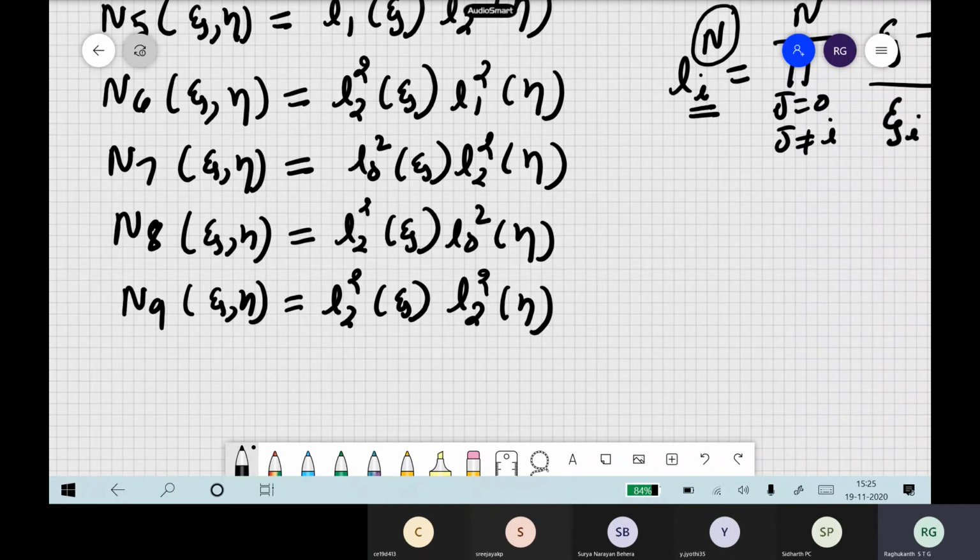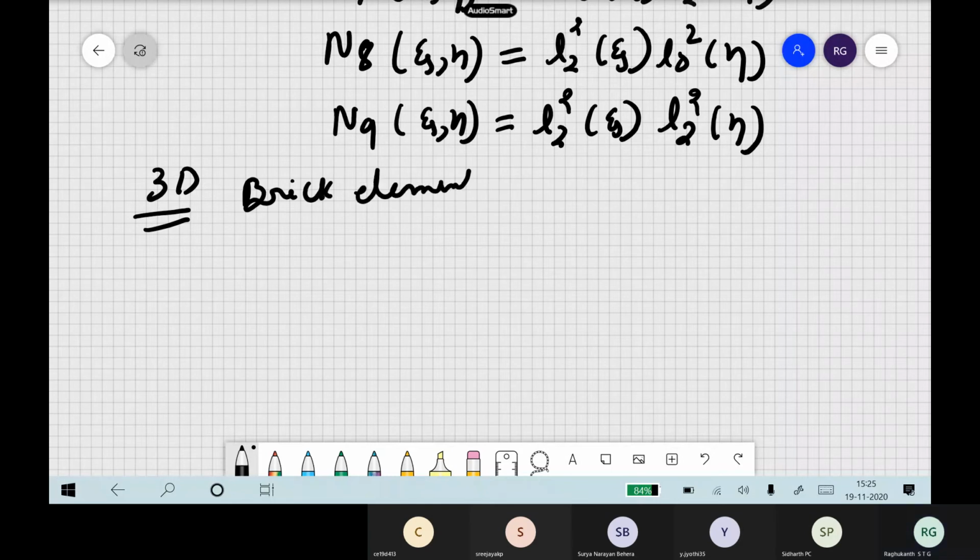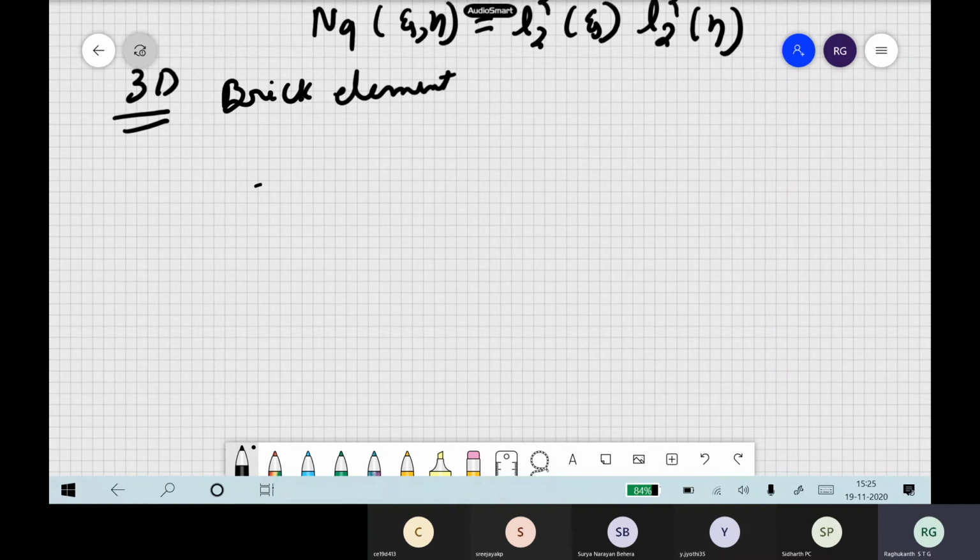Now in 3D what happens? Now for 3 dimensions, how many shape functions will be there? For 3D, the best thing is the brick element actually. So now for brick elements, how many nodes will be there?